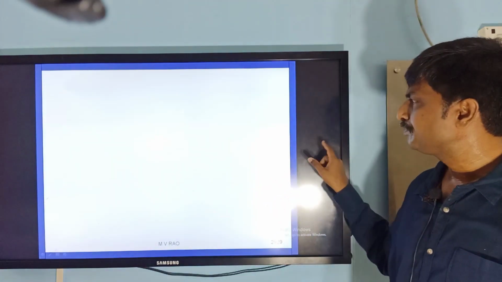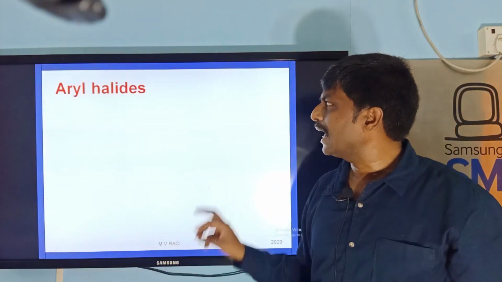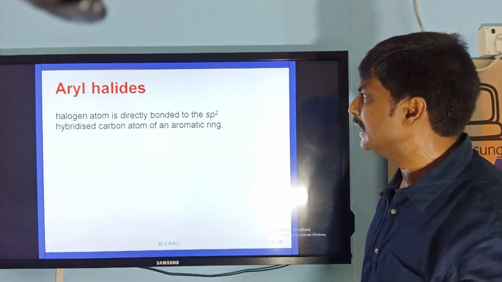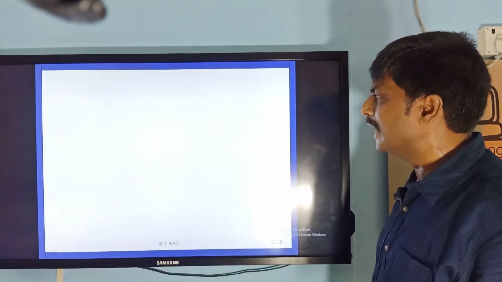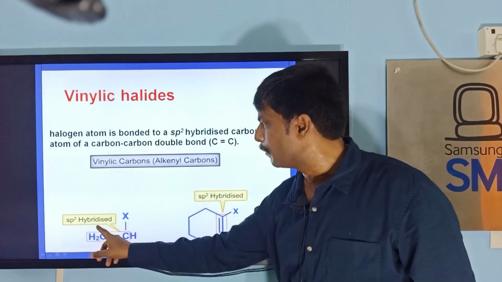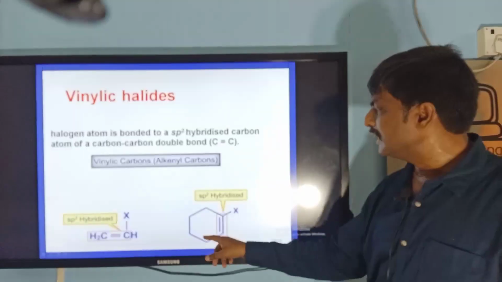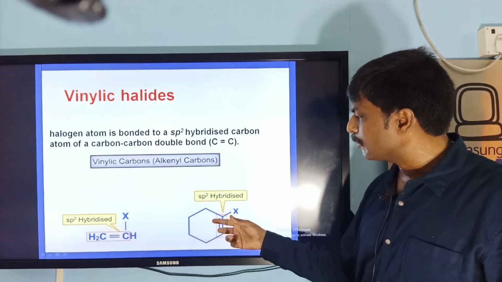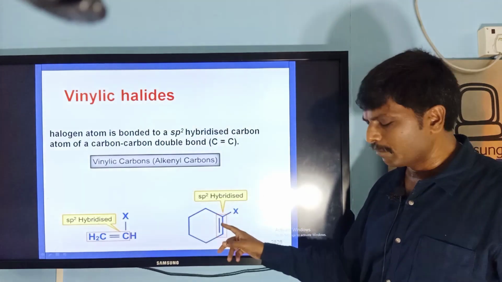In vinyl halides, you can see X is attached to a carbon involved in a double bond. It is not in a benzene ring, for example cyclohexene. In cyclohexene, X is attached to this double bond carbon.